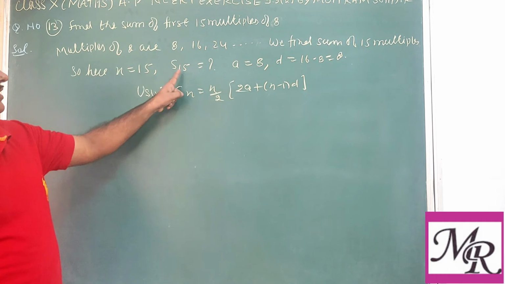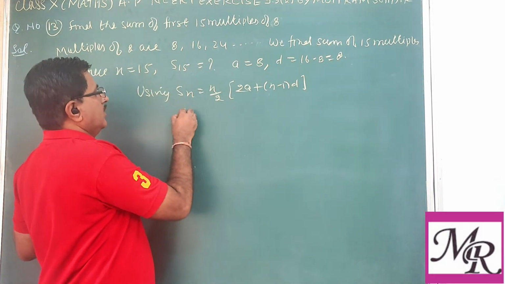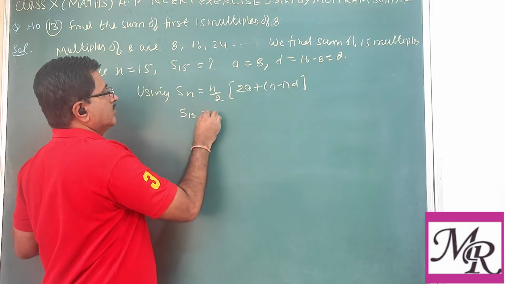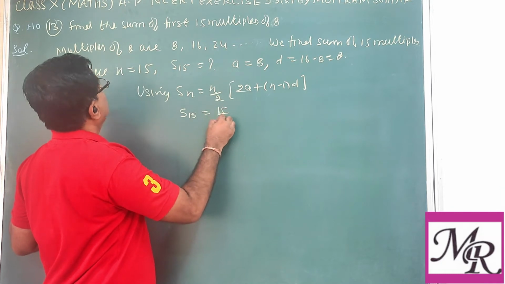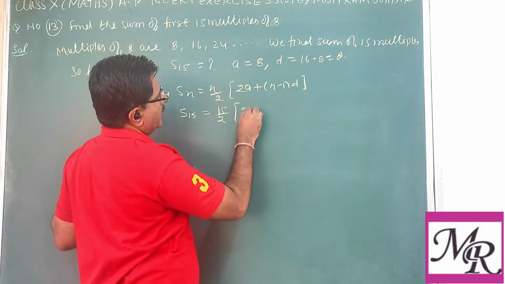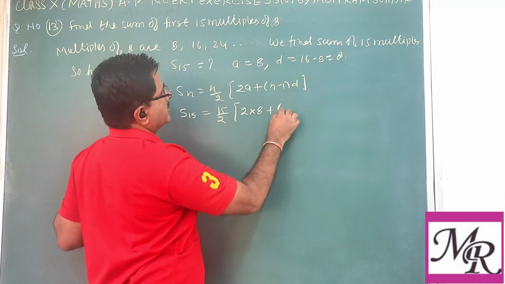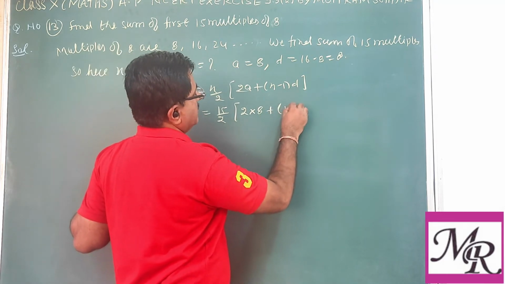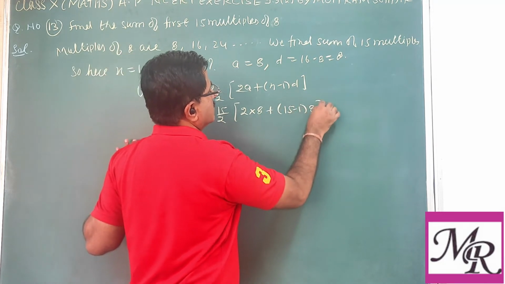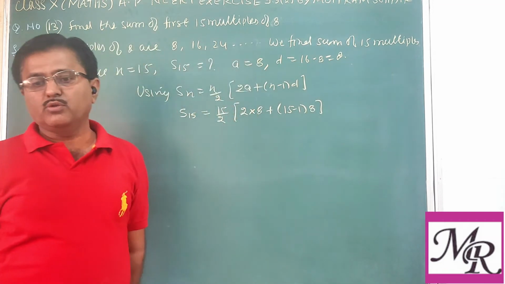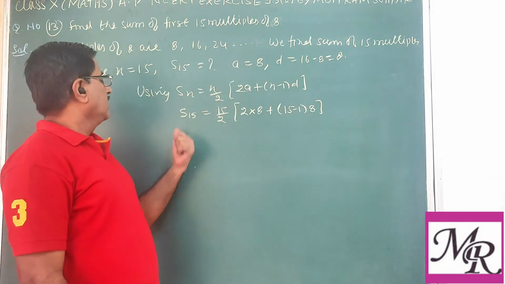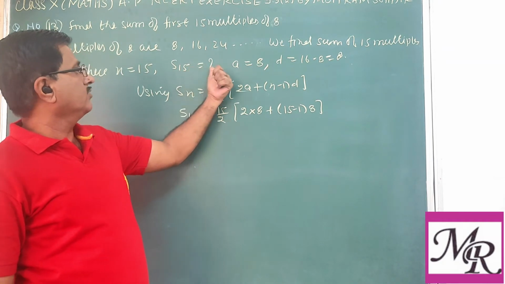Now we use n as 15. So S15 equals 15 by 2 into (2 into 8 plus (15 minus 1) into 8, since d is also 8). Now solving this equation we get the answer.